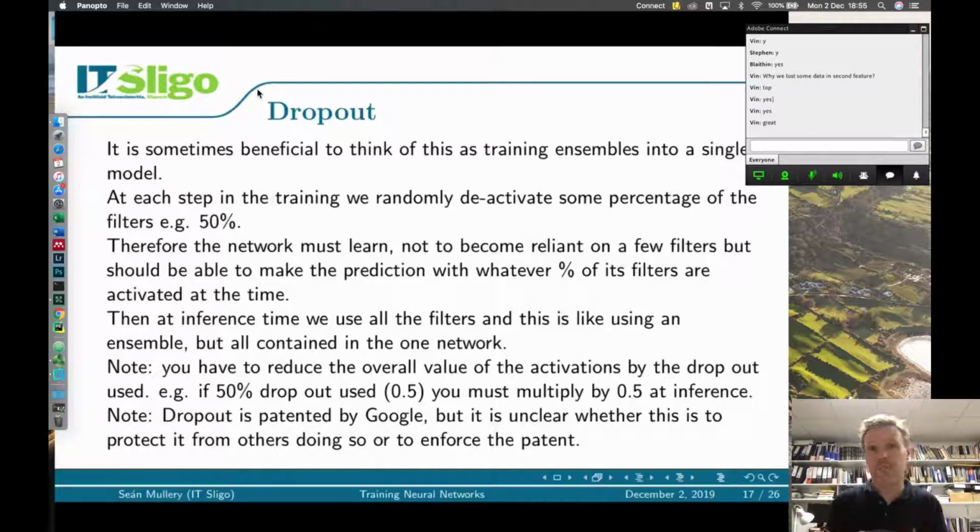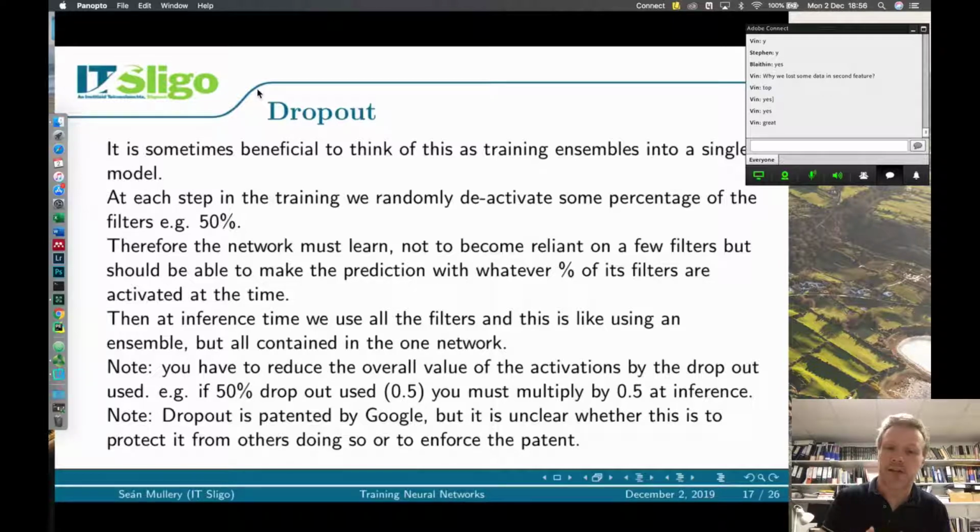Now at inference time, we don't give ourselves that same handicap. We're allowed to use all of the filters at inference time, and that's a little bit like using an ensemble of systems. So you have to reduce the overall value of the activations by the dropout used.